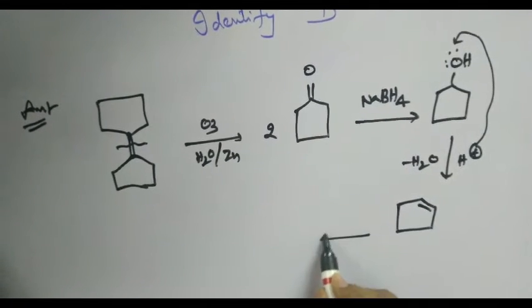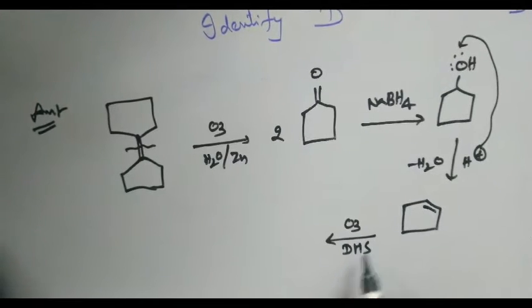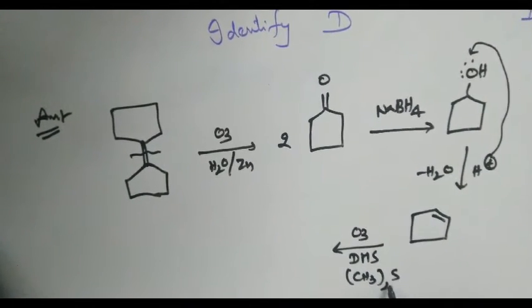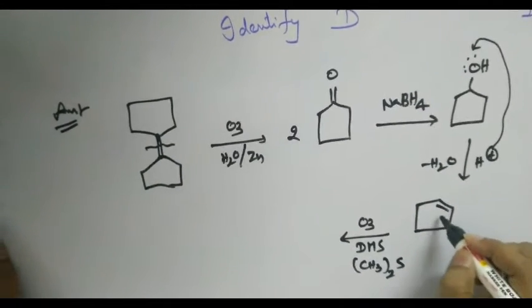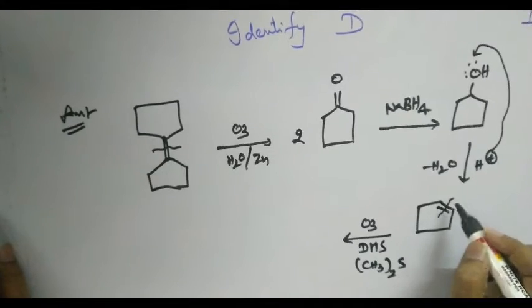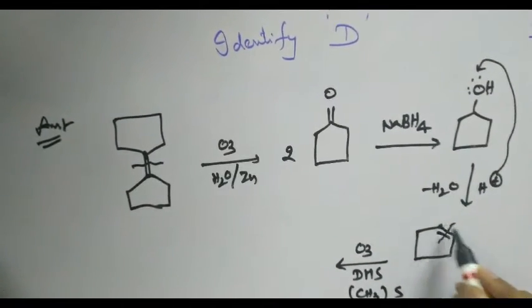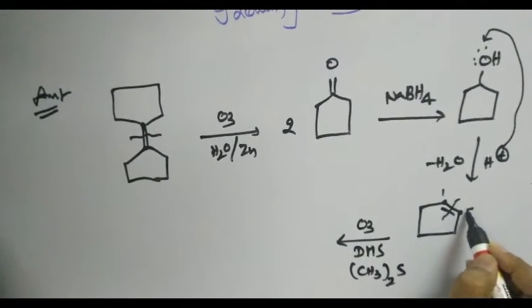This cyclopentene is again treated with ozone in the presence of DMS. DMS is nothing but dimethyl sulfide. With DMS we get reductive ozonolysis, so again we get carbonyl compounds. We need to keep a double bond O on the first carbon and also a double bond O on the fifth carbon.